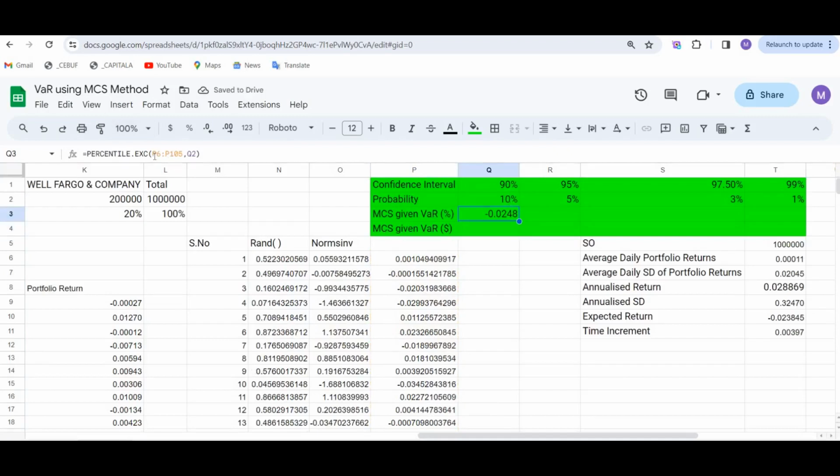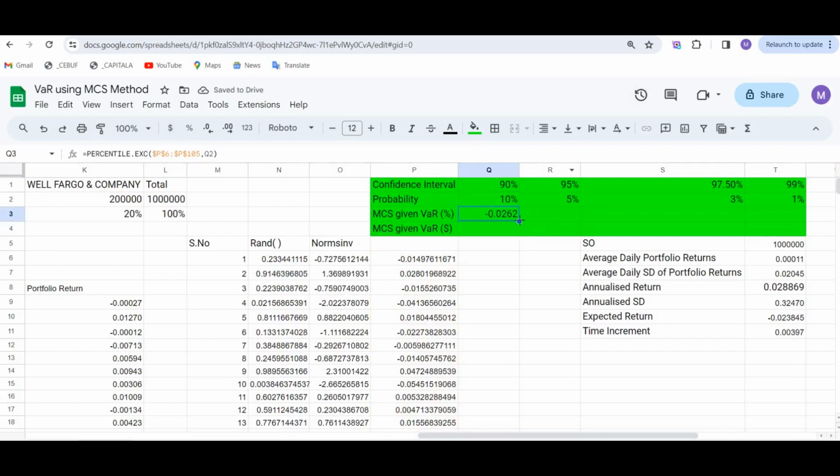But then here we need to lock this. We'll just lock this one. So here, first one, we'll lock this one. Enter.